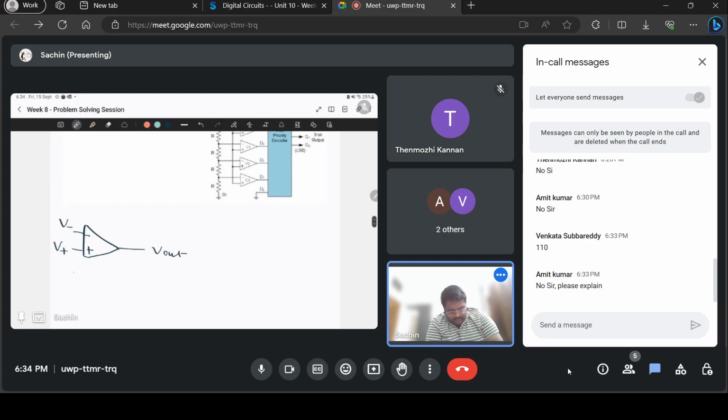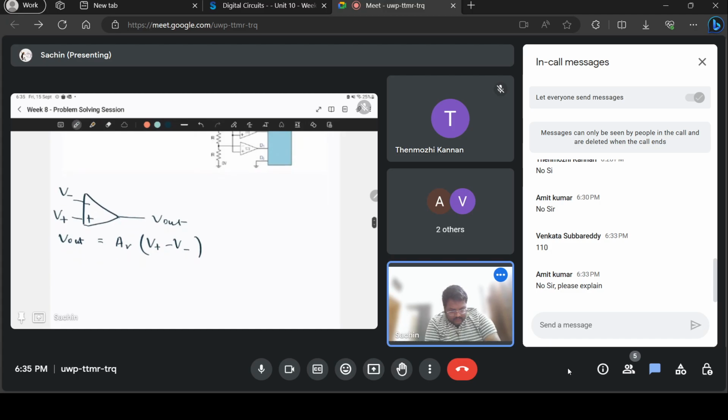This will give you an output V out that is some number AV times the difference between your inputs. If it's an ideal circuit, this AV will be infinite.